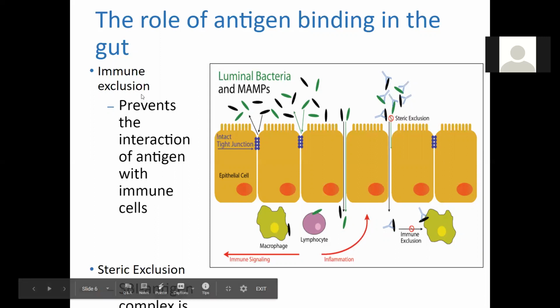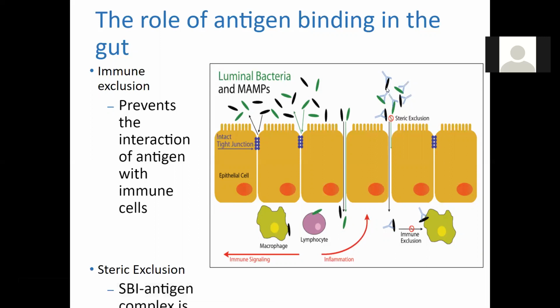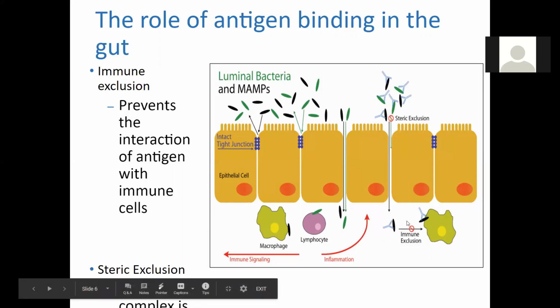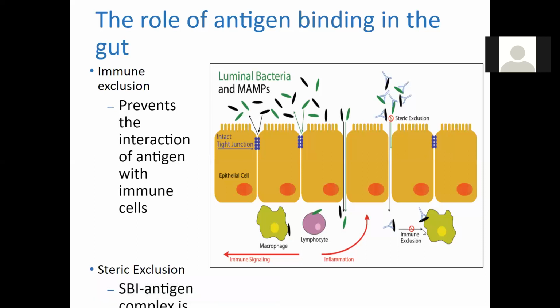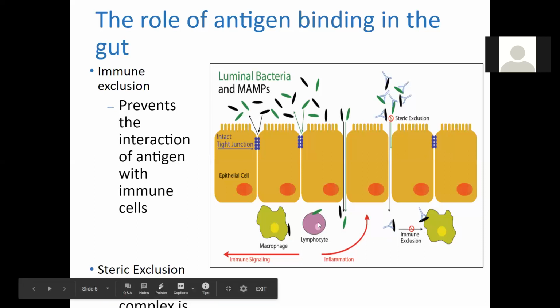So that is immune exclusion. The second is steric exclusion. Here you have the immunoglobulins tagging, attaching to, or neutralizing pathogens and toxins. Structure-wise, they're not able to fit through these junctions. If they do, they are bound, and they are not going to excite the immune system.